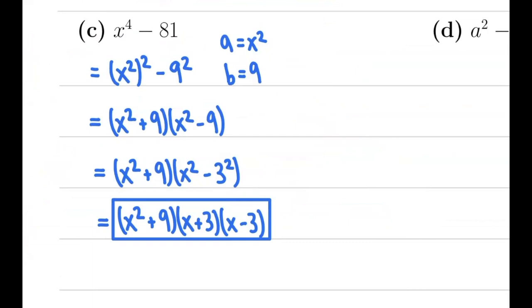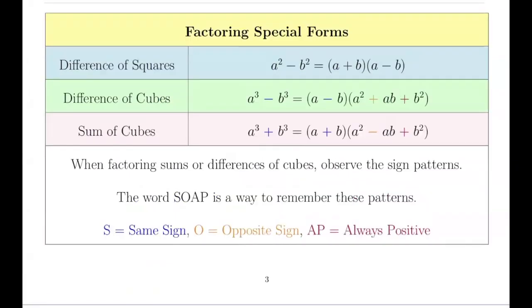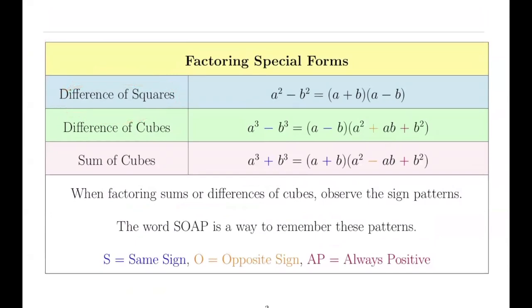So all these formulas, the difference of squares and the sum and the difference of cube formulas, can be applied to situations with higher order exponents. So you just have to use your exponent properties.